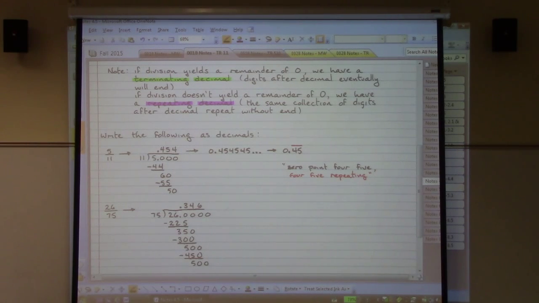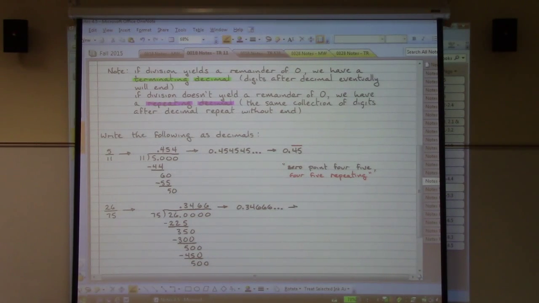We put an extra 0 in, we drop it down. 75 goes into 500. We literally just finished answering that question, 6 times, which means that we're seeing the repetition start. So we have a 0.34666, that keeps repeating on and on.